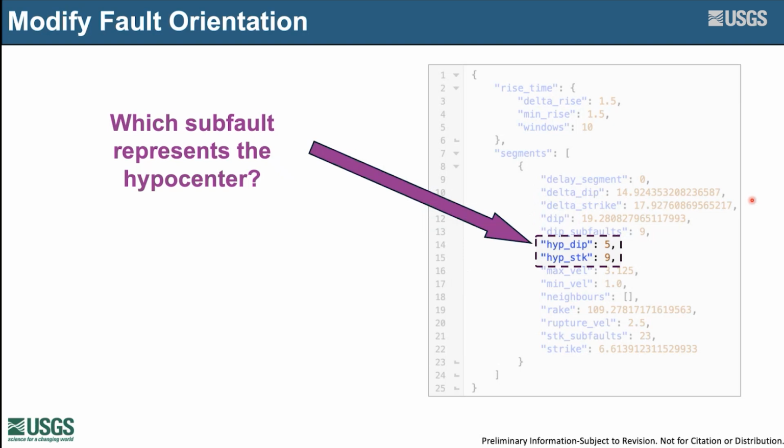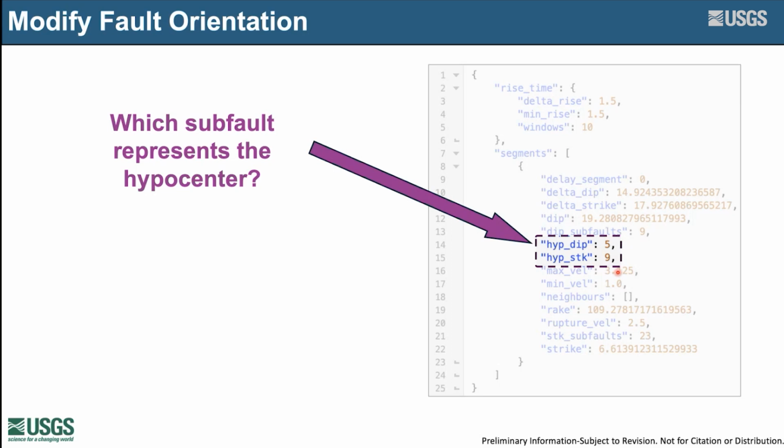And then finally, which subfault represents the hypocenter? So here, hypo dip and hypo strike means that the hypocenter is in the 5th row along dip from the surface and in the 9th column along strike. And I'll show you what that looks like visually in a second.